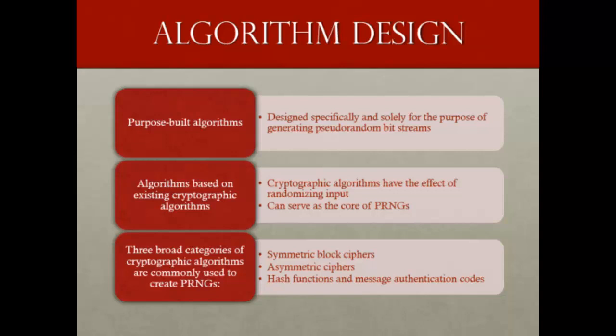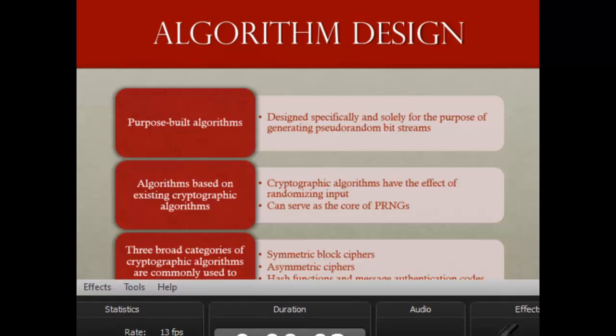Three broad categories of cryptographic algorithms are commonly used to create PRNGs: symmetric block ciphers, asymmetric ciphers, and hash functions and message authentication codes. Any of these approaches can yield a cryptographically strong PRNG.